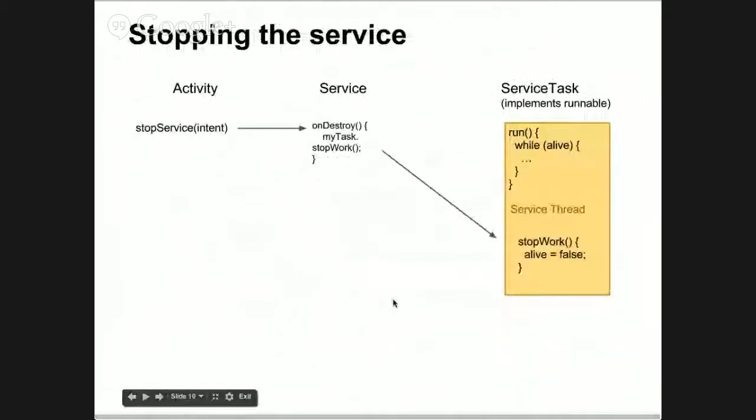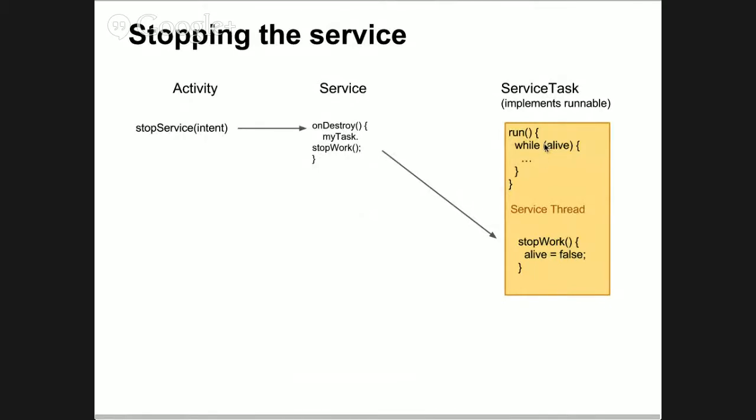How do you stop the service? Well, when you call stop service with an intent, this will cause a call to onDestroy in the service. And so what you do is call myTask.stopWork. This call will set alive equal to false, and in my task, maybe I have something like while alive, do stuff.